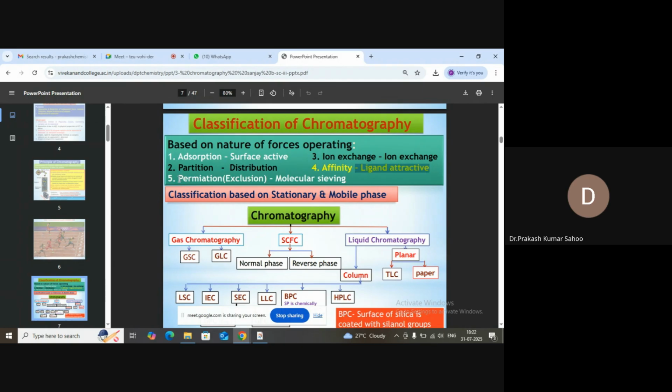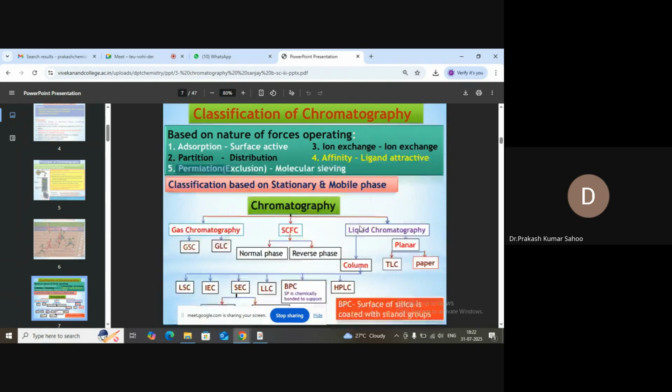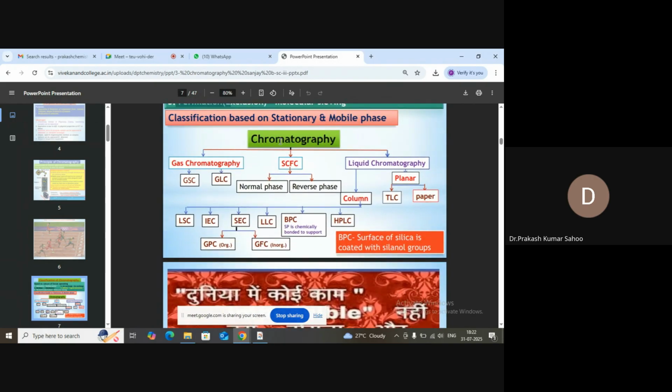If it is size-based, then it is size exclusion chromatography or molecular sieving chromatography, in which cages with small pores are there, and according to their size, small particles come out first, followed by the big size particles. So this is a small classification of chromatography.